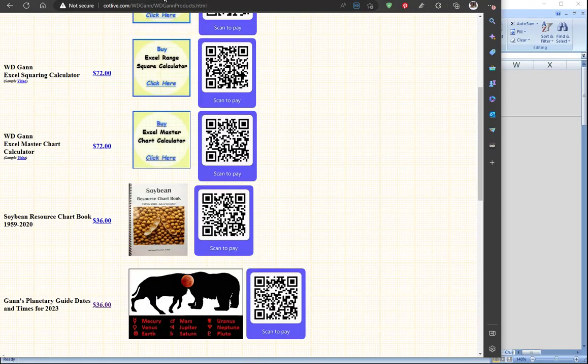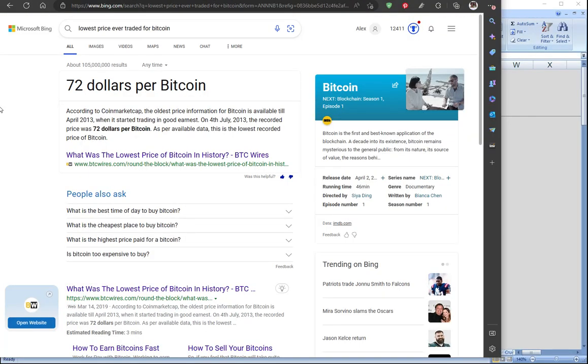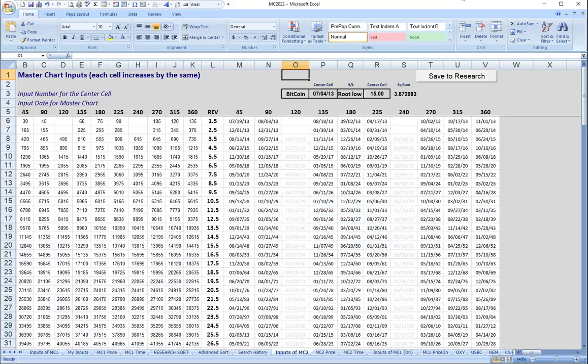I think Google gave it July 4th, recorded low of $72 on Bitcoin. I know it's been lower than that, but that's Google's gospel, right? Not. But anyway, I used that data point in there, and I took the square root of 72. The square root of that is 15. I plugged that date in, though, right?